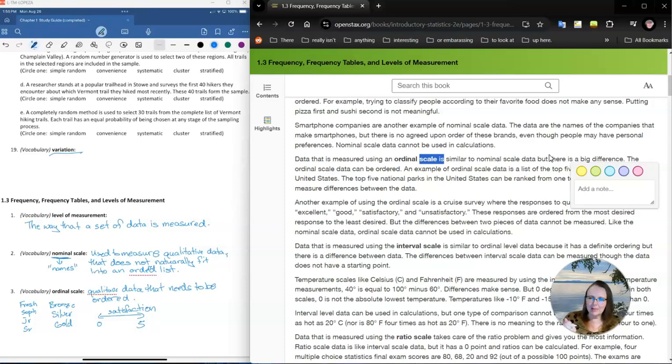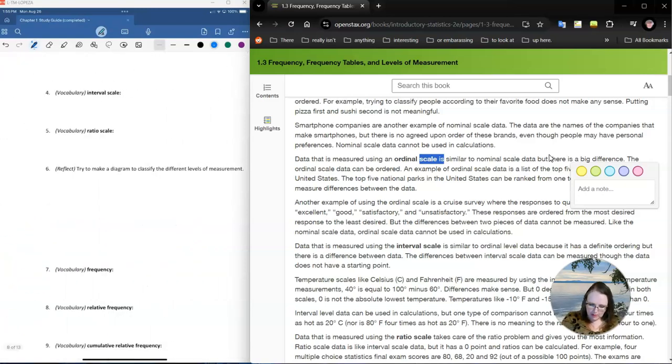It wouldn't make sense to mix up those rankings. So we use the ordinal scale for qualitative data that can be ordered but can't be measured in any meaningful way. The next one is the interval scale.